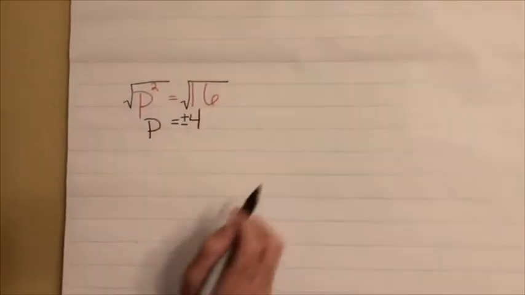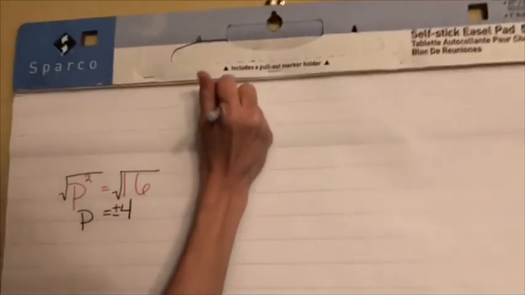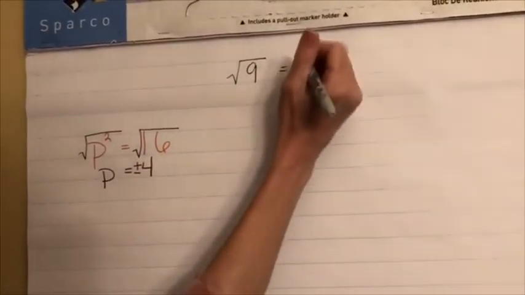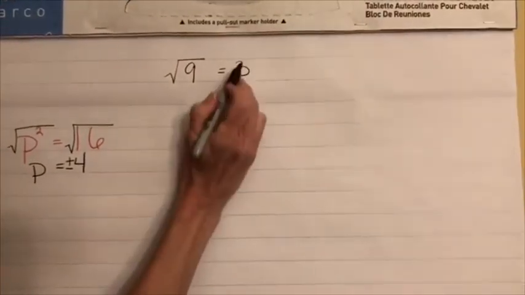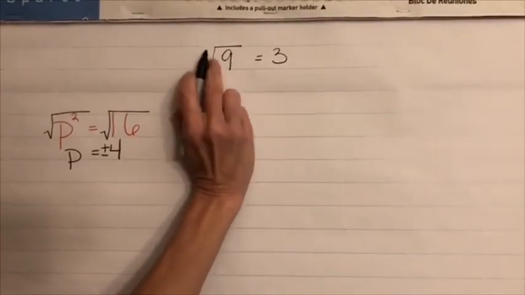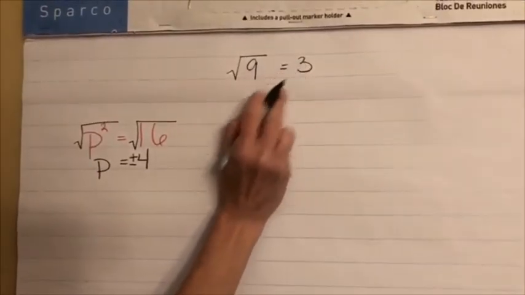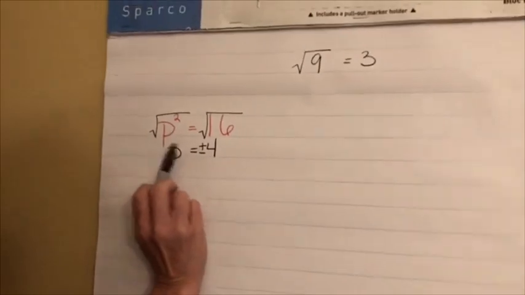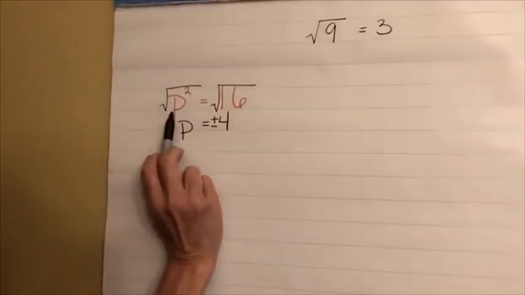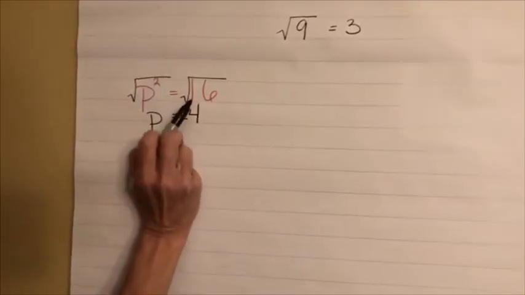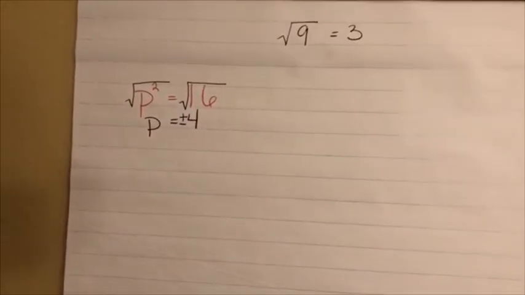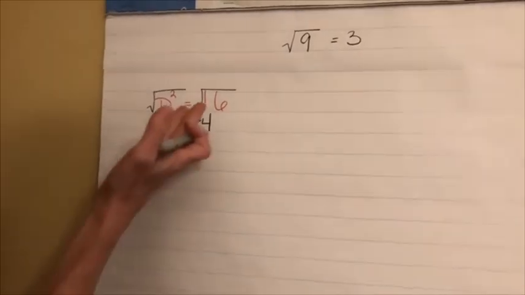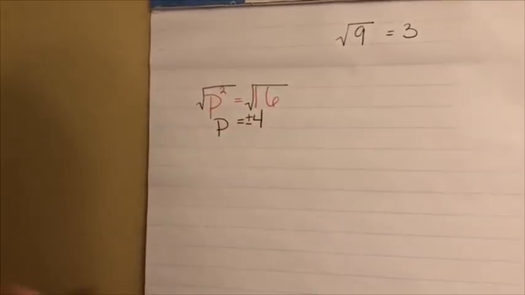So if you had a problem such as this, the square root of 9, and you were just supposed to write the answer of that, you'd only write 3, because they're just asking here, what's the square root of 9? Well, the square root of 9 is 3. So we only use the plus or minus when we have a variable being squared and we're finding a solution for that. So 16 is a perfect square, right, of 4.